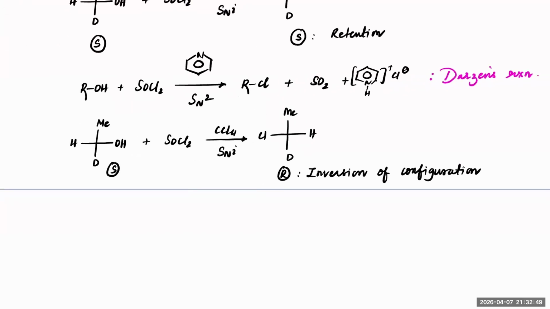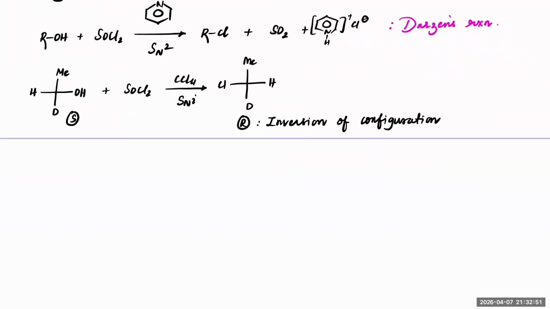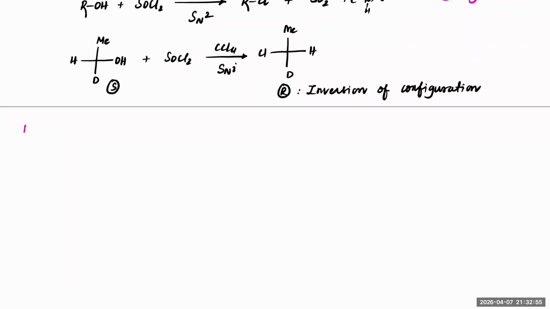All right. Let me show you how the mechanism takes place in this case. Check out. For example, if you have OH here, let's say this is hydrogen, deuterium, and methyl, and then you are treating with thionyl chloride in the presence of CCl4.